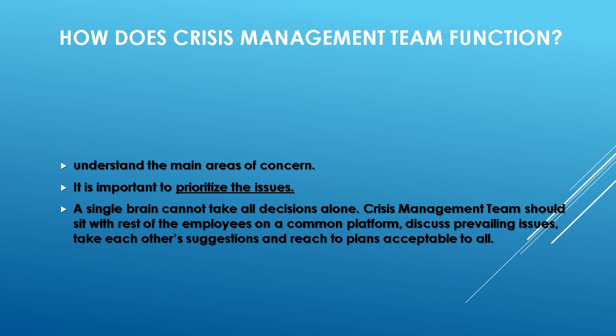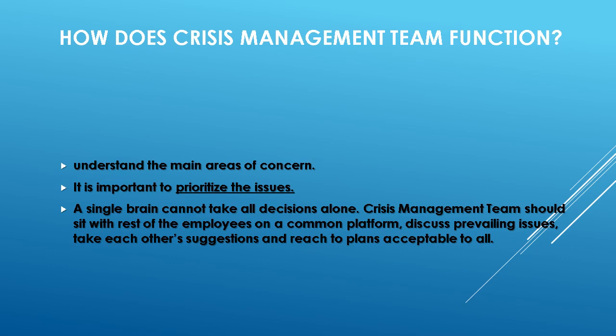As we know, the crisis management team not only works on the various problems, but also has to identify the shortcomings which led to the crisis in the workplace. The team members must understand where things went wrong and how the current processes can be improved for smooth functioning of the organization.